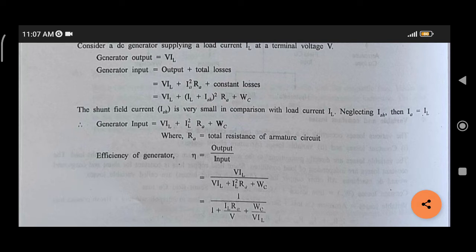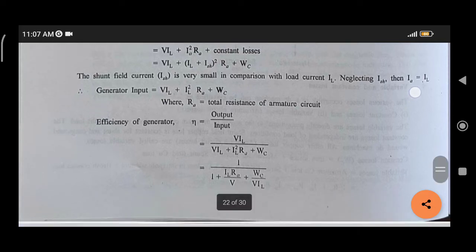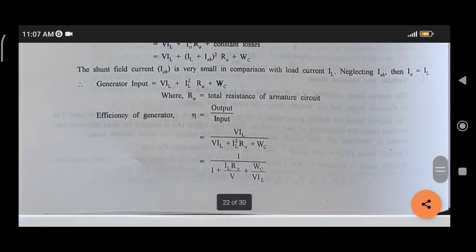So we can write V into IL plus IL square Ra plus Wc. The efficiency is equal to output by input, that is V into IL upon V into IL plus IL square Ra plus Wc. Taking the common factor V into IL out, we get this equation.